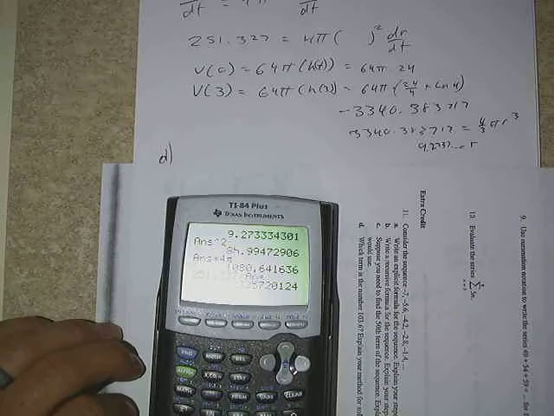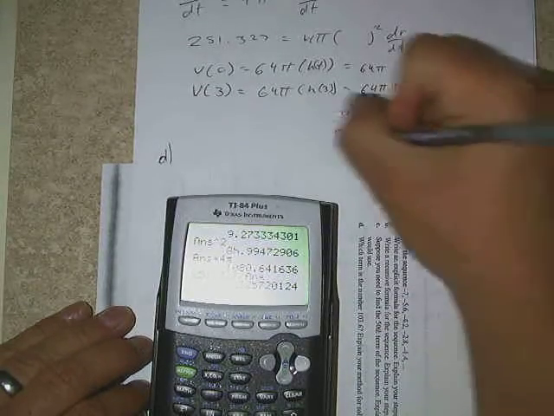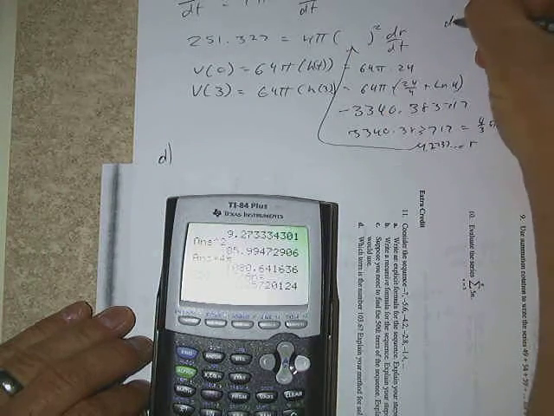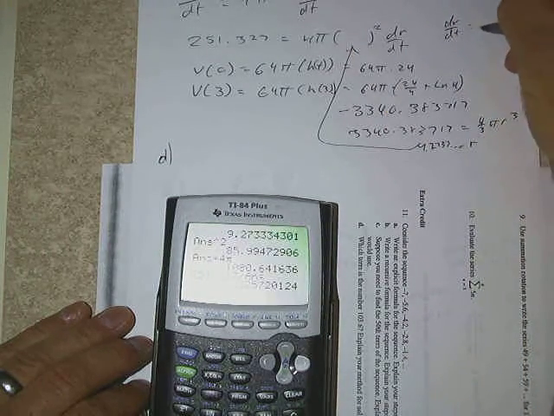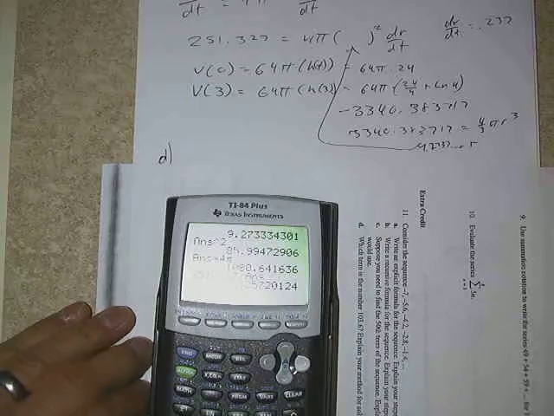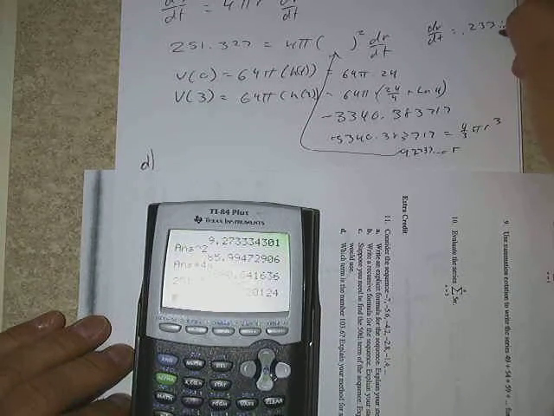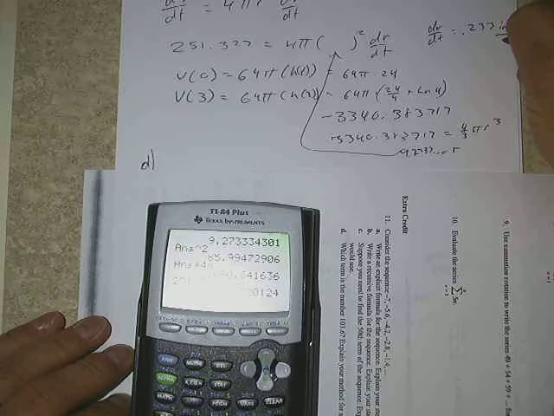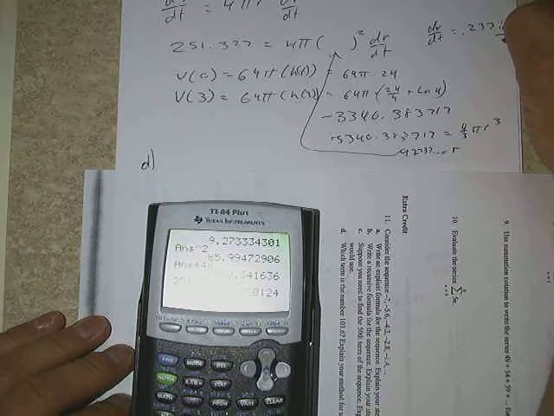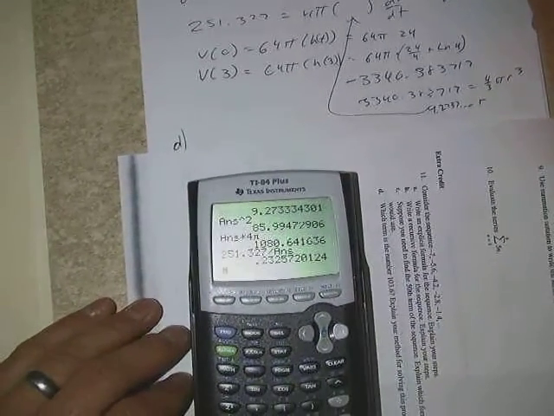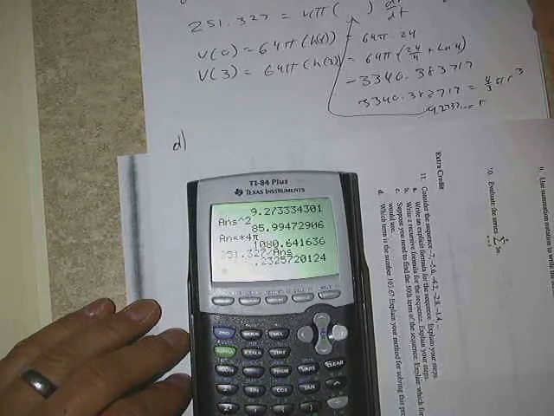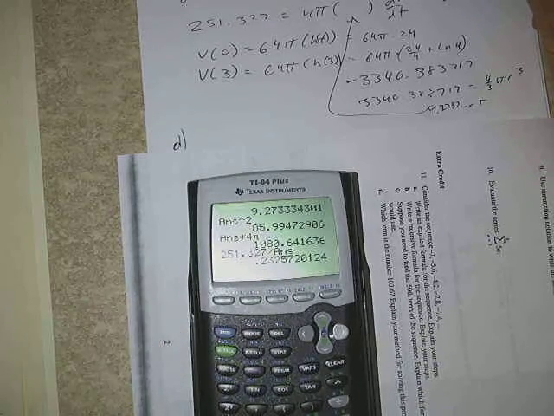So if we're going to solve for dr dt in that previous equation once we found that key radius, we're going to square it. So if we square that number and we multiply by 4 pi, and then we divide that into 251.3271, we'll get our dr dt, which is 0.233.